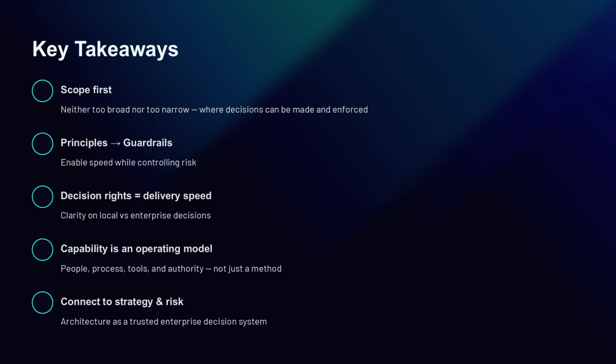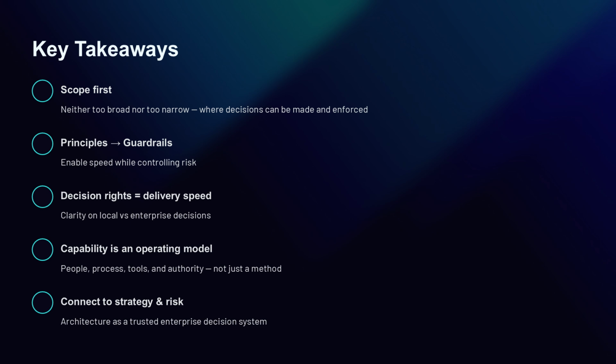You learned how to create practical architecture principles and translate them into standards and guardrails that enable speed while controlling risk. You learned that decision rights are essential for fast delivery because they clarify what teams can decide locally and what requires enterprise alignment. You learned how to design governance that is predictable, risk-based, and fair, supported by a respectful exception process.